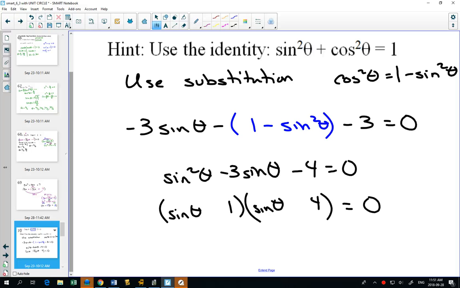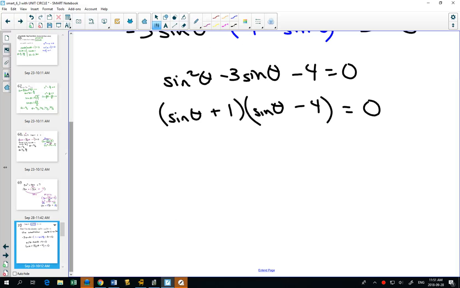Can you see that your outside is 4? Your inside is 1. I need to get a negative 3. My outside should be negative 4. My inside should be positive 1. Sine theta is equal to negative 1 here.